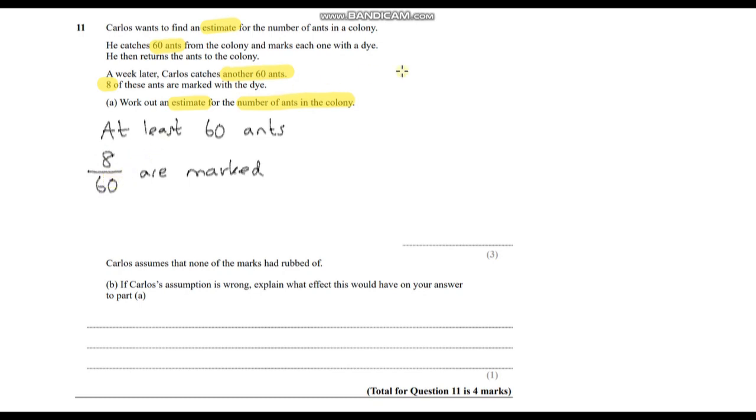So we can say that 8 out of 60 of the total are marked. We know that there were 60 ants that were marked in total, because we were told right at the beginning that he marked 60 ants. So 60 out of the total must equal 8 out of 60.